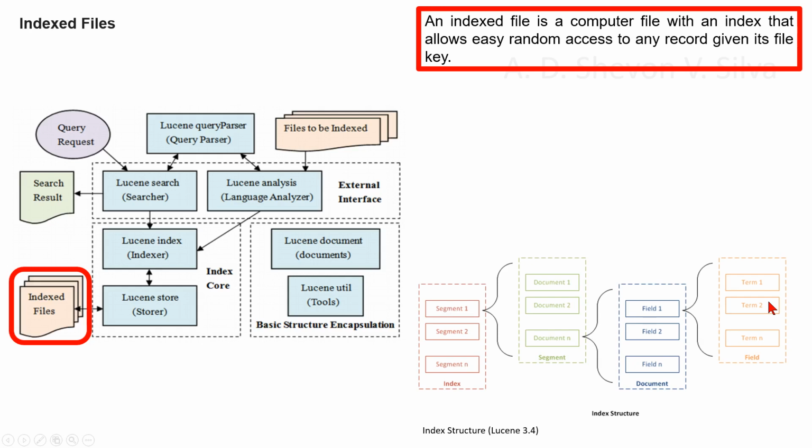Stored or indexed: the Lucene fields may be stored, in which case their text is stored in the index literally in a non-inverted manner. Fields that are inverted are called indexed. The fields may be both stored and indexed.